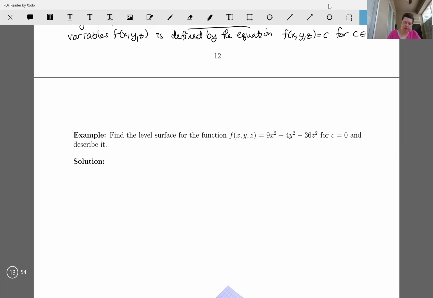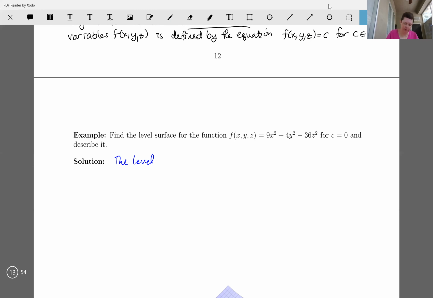Well, I would literally just write what the level surface is. And give me one. Technical difficulties. Don't you love them?